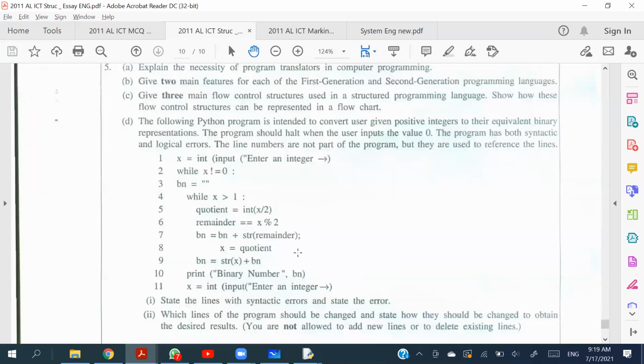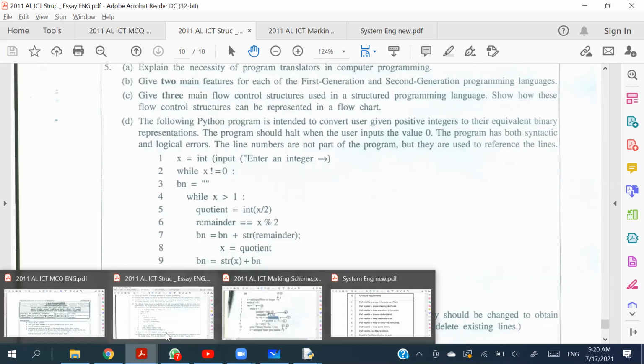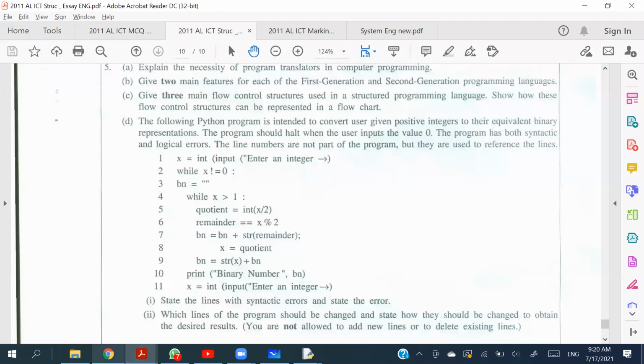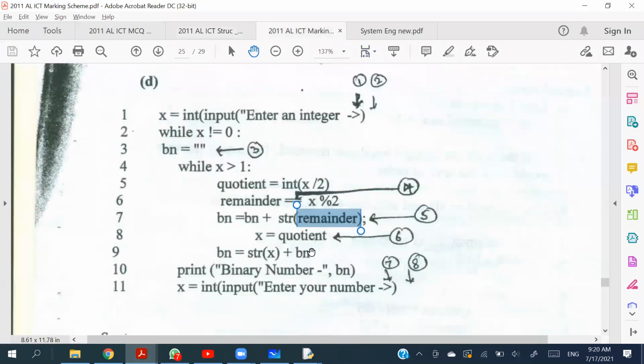So that probably won't be reflected in the marking scheme. Anyway, I'm going to give you the marks, but remember, putting a semicolon is not going to give you any error. There is no rule for you to put a semicolon at the end of the line. Now in Pascal, it has a rule: you should put a semicolon at the end of the line.